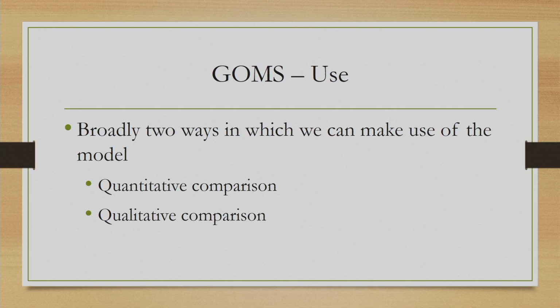So, the question is how we can use it. As I have already mentioned, one use is very straightforward, and that is our primary objective, to use it as a computational user model to compute the user behavior. In this case, the behavior is essentially task execution time.